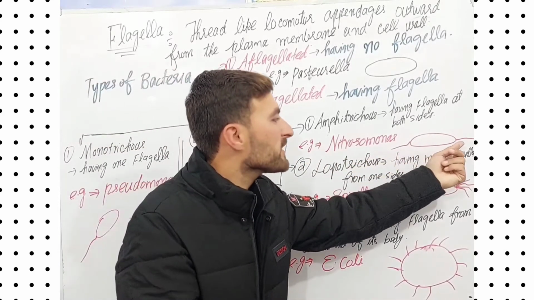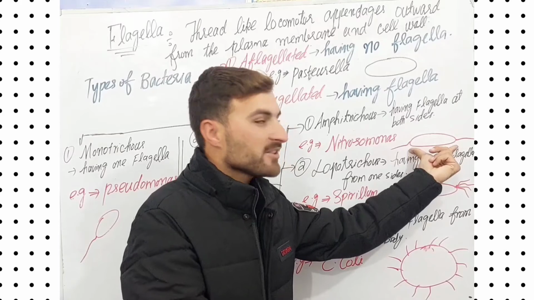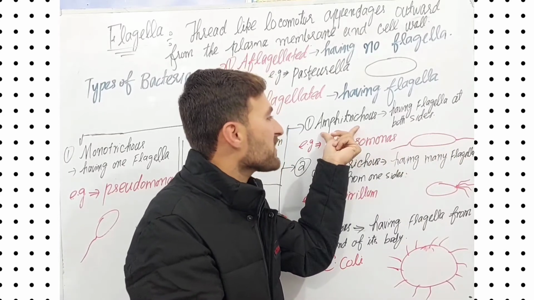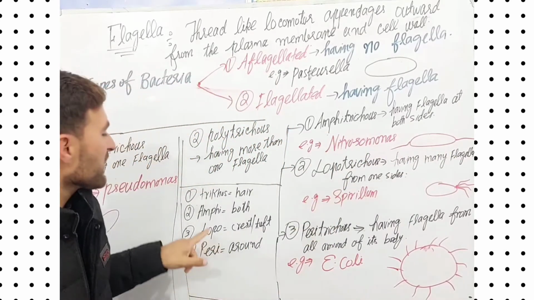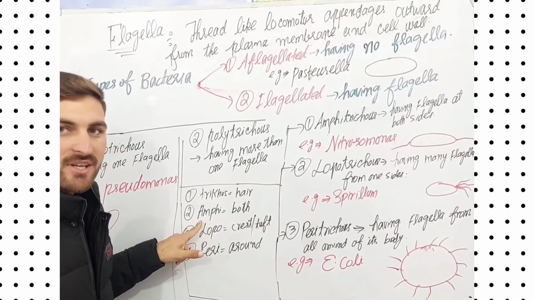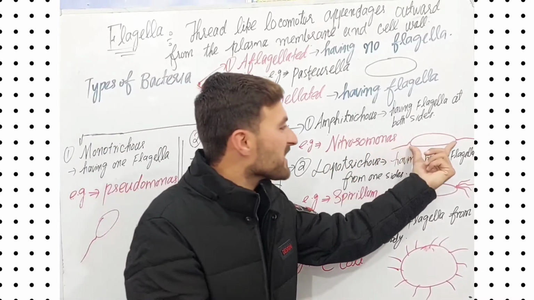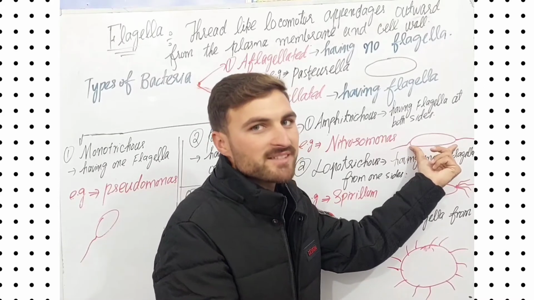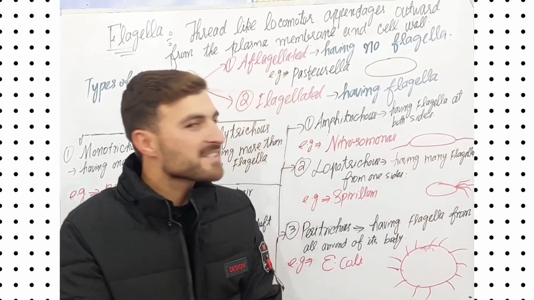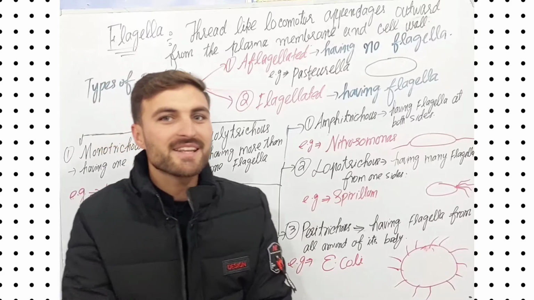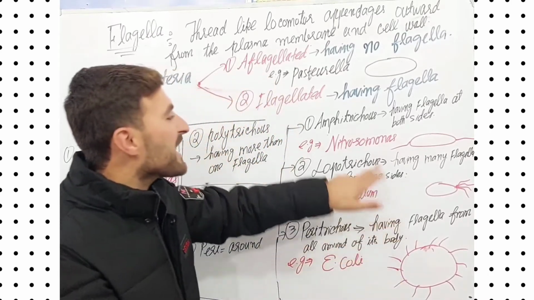Having two flagella from both sides, that's why it is Amphitricus. The word amphi is from Greek, which means both. So both means both sides. What will be the example of this? The example is Nitrosomonas.